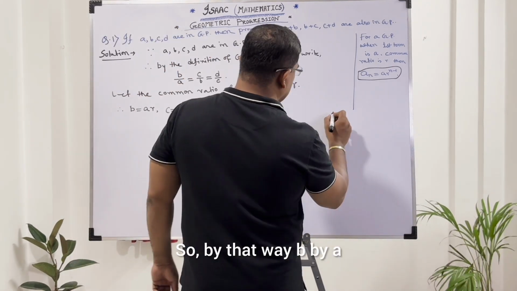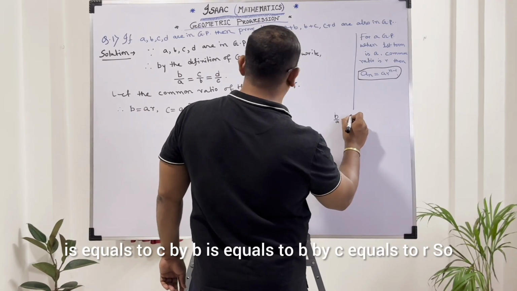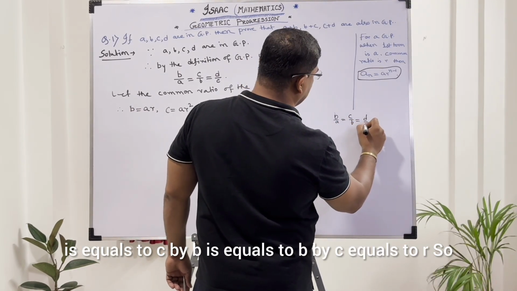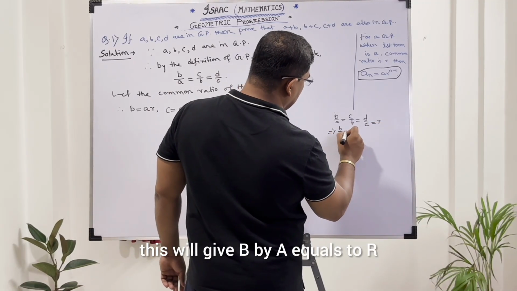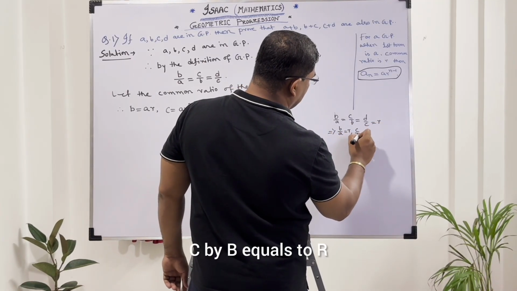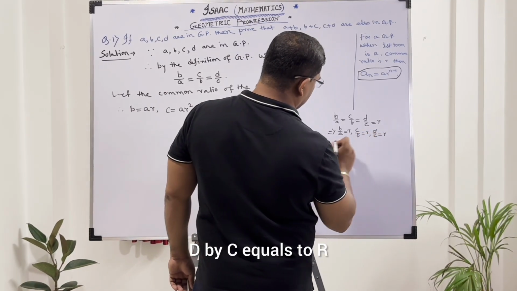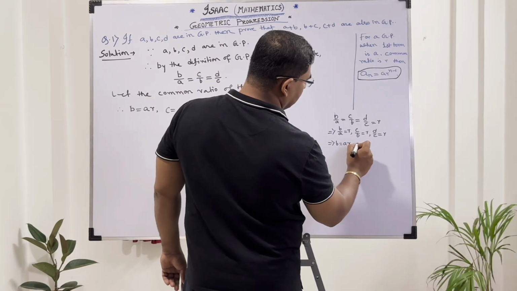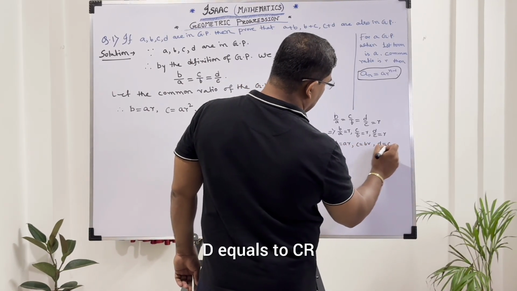So B by A equals R, C by B equals R, D by C equals R. So this will give B equals AR, C equals BR, D equals CR.